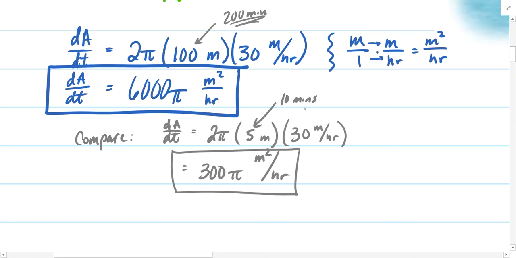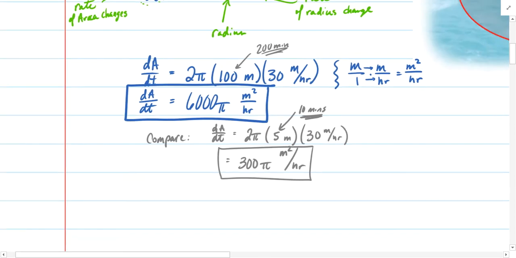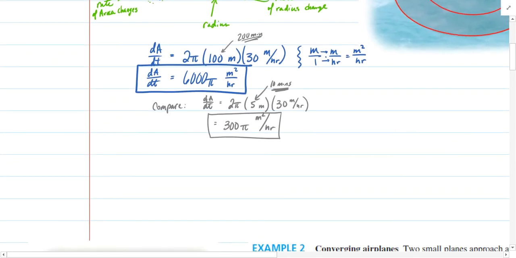So, I don't know how operating on an oil rig works, but if there's a spill and we can contain it after 10 minutes as opposed to waiting 200 minutes to contain that spill, well, that oil spill after 10 minutes is only growing at 300 pi meters squared per hour as opposed to 6,000 pi meters squared per hour. A very, very big difference.